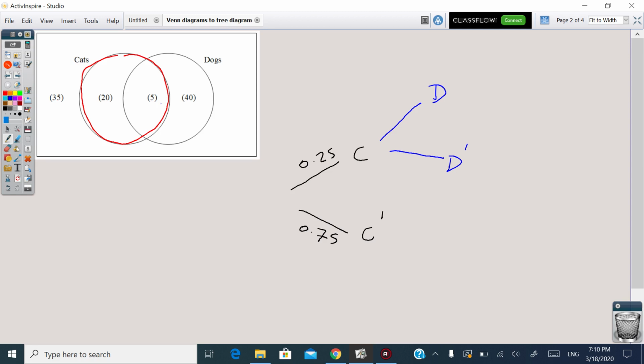So the probability that we have here is 5 over 25. And I'm not simplifying the numbers, just to keep us aware of where they came from. Similarly, this person might answer by saying, no, I don't have a dog. In this case, the probability is 20 divided by 25.